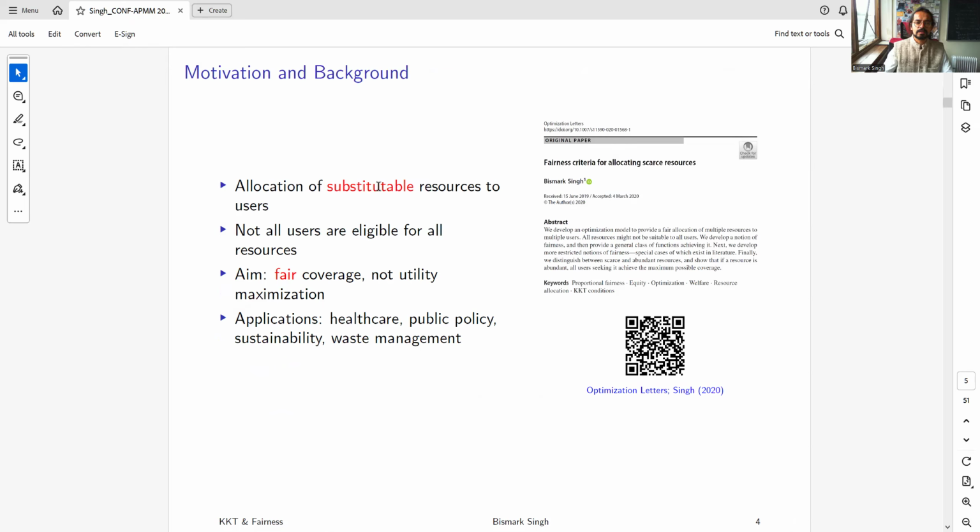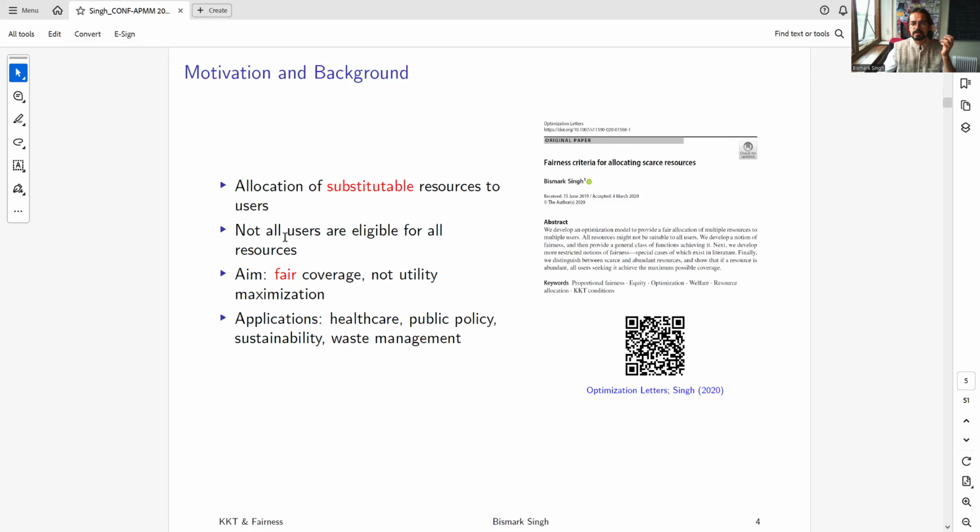These resources are substitutable, which means that one resource could be substituted with another resource. So the resources don't have a preference ordering for the users. But all users are not eligible for all the resources.